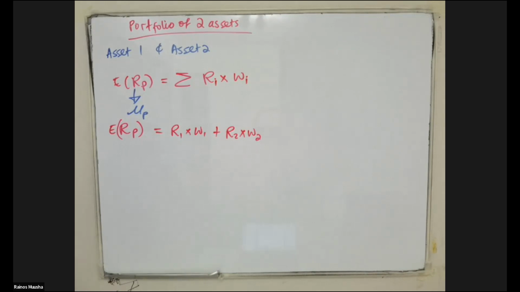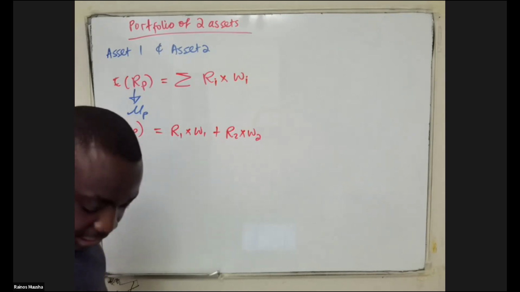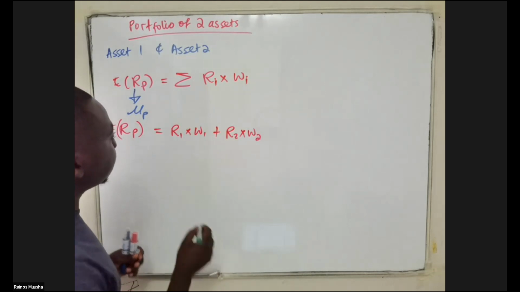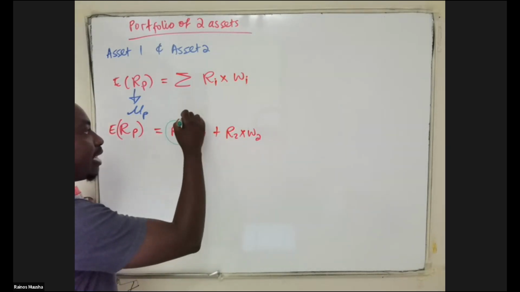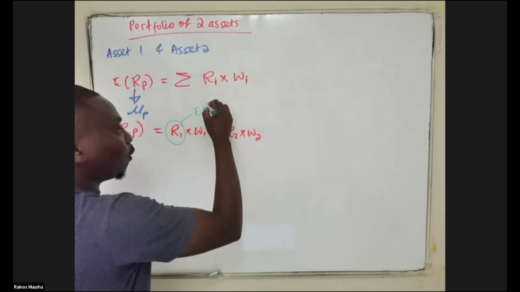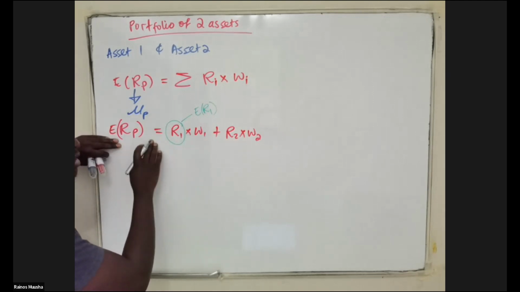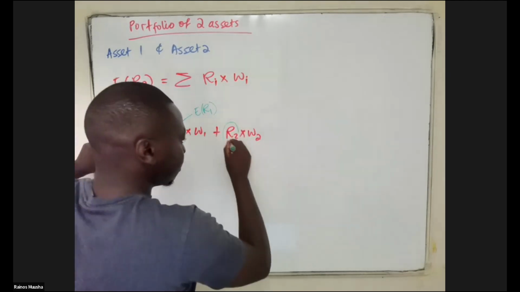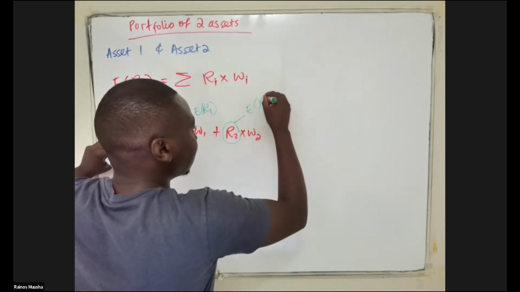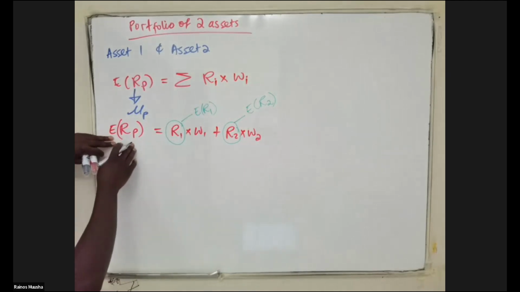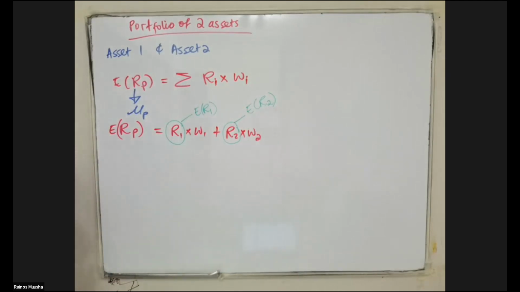Now, please take note. The return of asset 1 and 2, what does that mean? Individually, you can calculate the expected return of asset 1 and the expected return of asset 2, so that you can get the expected return of the portfolio, just like we did when we were looking at single assets.